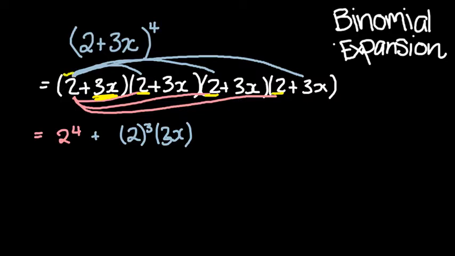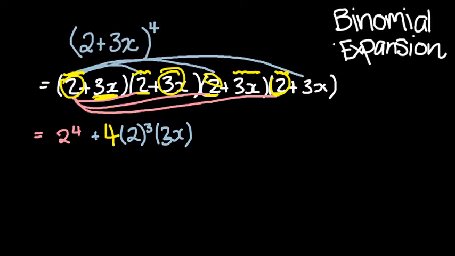Likewise, I could have taken the first 2 and the second 2, but taken the 3x from the third bracket and then the 2 from the fourth. So that gives me another mix. And then I could have taken the first 2 and the second 3x, the third 2 and the fourth 2. So I've actually got 4 different ways of organising these 3 2's and 1 3x.